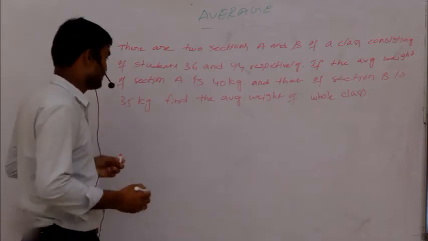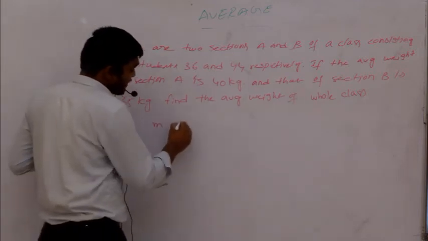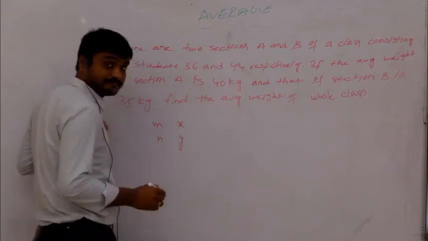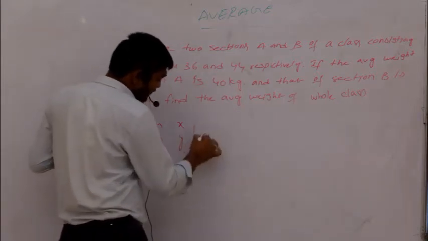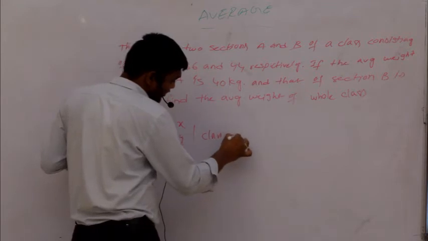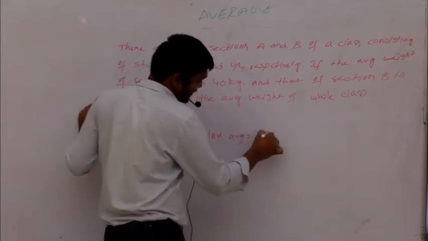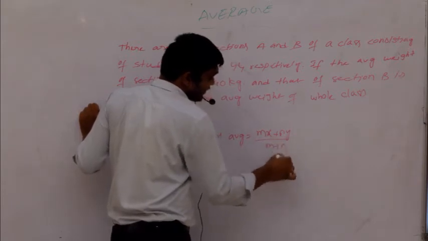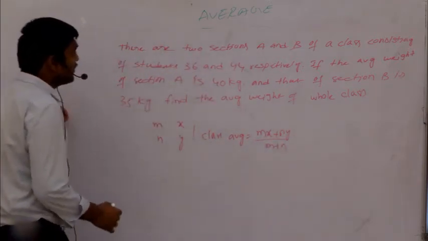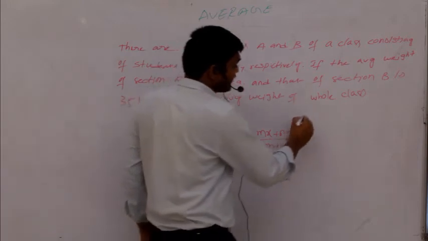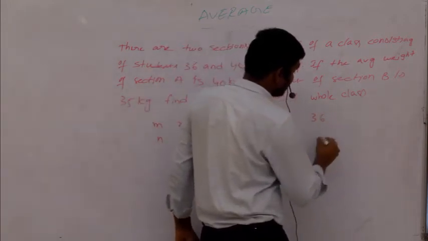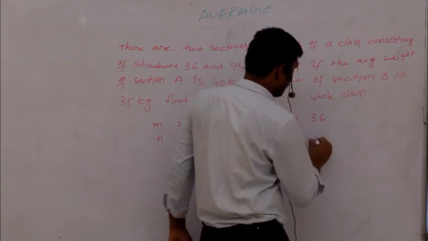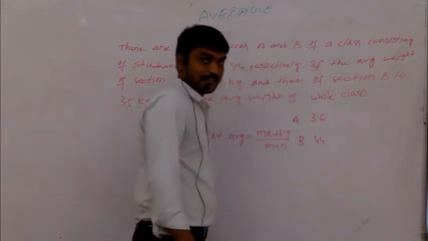You know already, M observations average X, N observations average Y. If we want the class average, it is mx plus ny by m plus n. So here section A has 36 students, section B 44 students respectively.